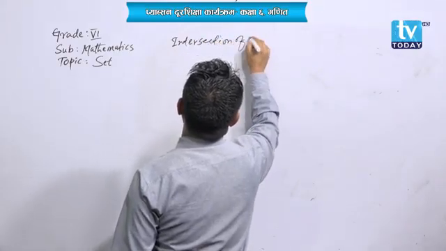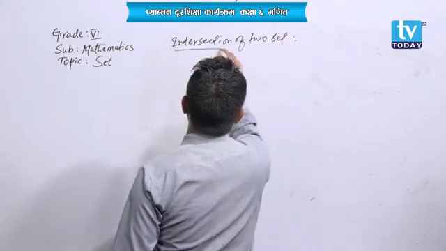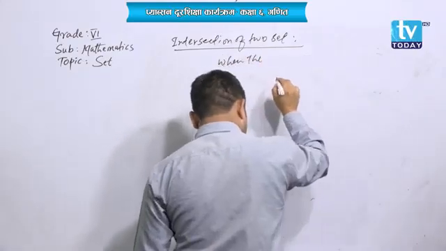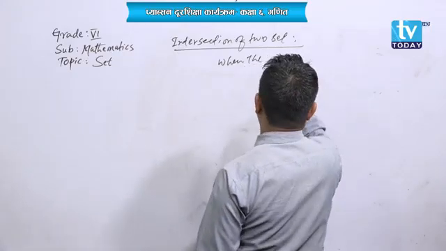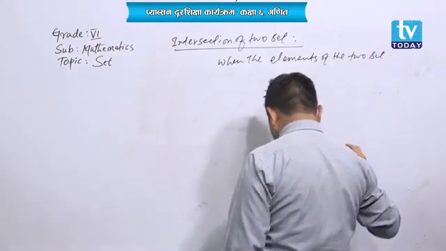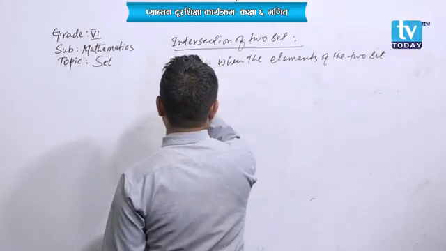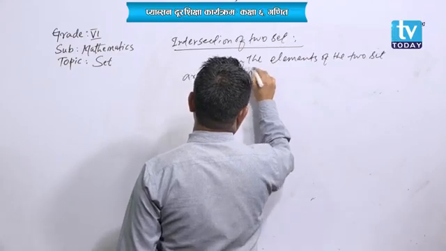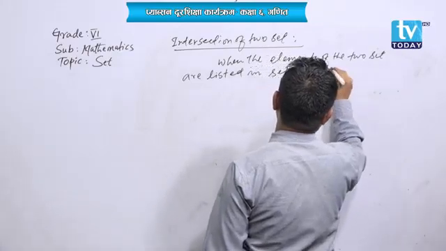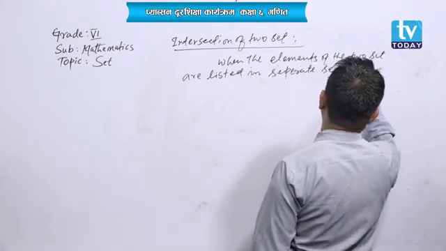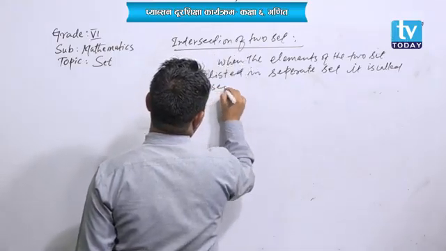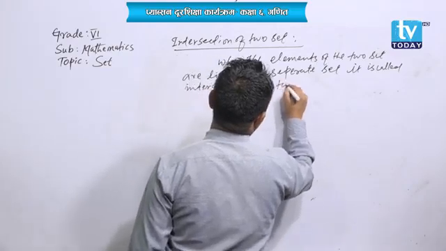Intersection of two sets. When the common elements of the two sets are listed in a separate set, it is called the intersection of two sets.